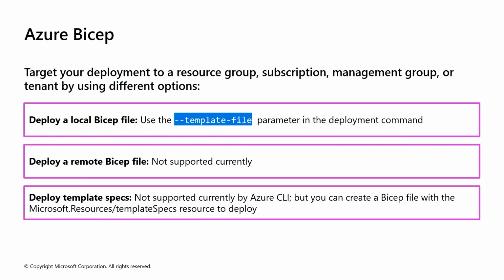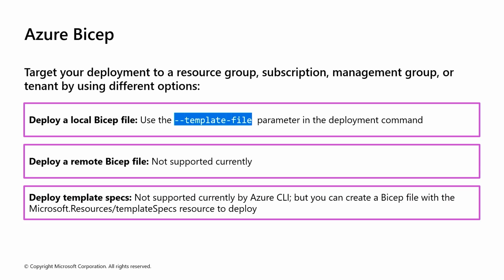Here we see how to target deployments using Azure Bicep files for Azure resource provisioning. We see three deployment options: using a local Bicep file via the template file parameter, deploying remote Bicep files, currently unsupported, and deploying template specs, which is unsupported via the Azure CLI, but possible using the Microsoft.Resources/templateSpecs resource.